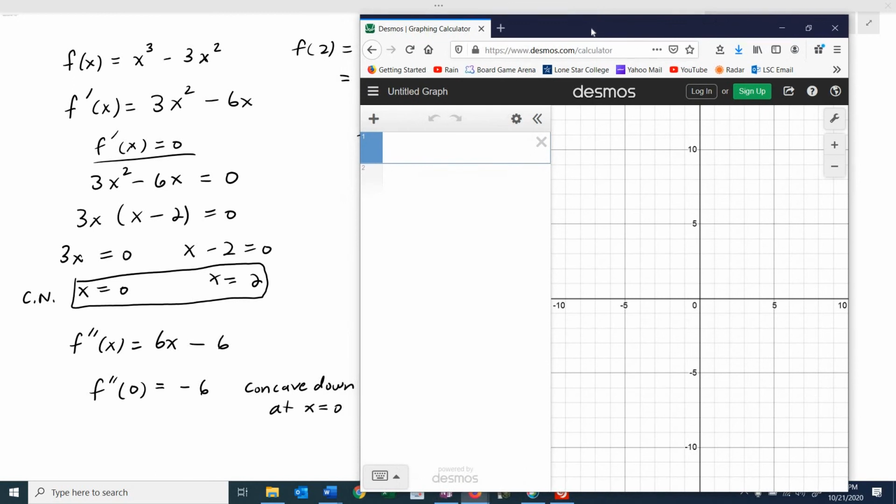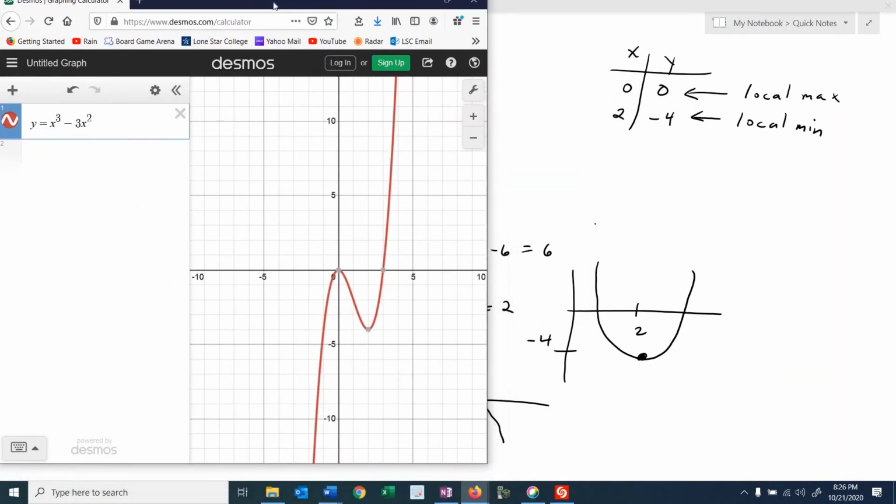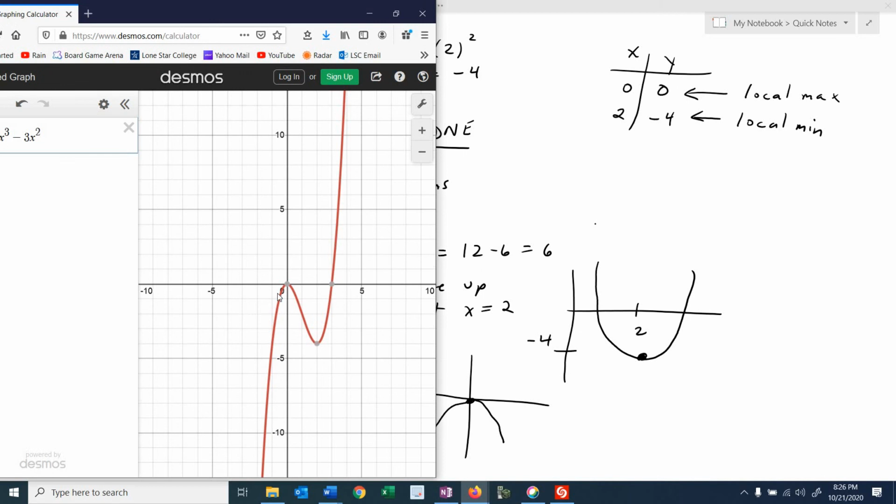I'm just going to type in the function x cubed minus 3x squared, which looks like this. So you can see at this particular point, 0, 0, you have a local maximum, and then at this point over here, you have a local minimum of negative 4.